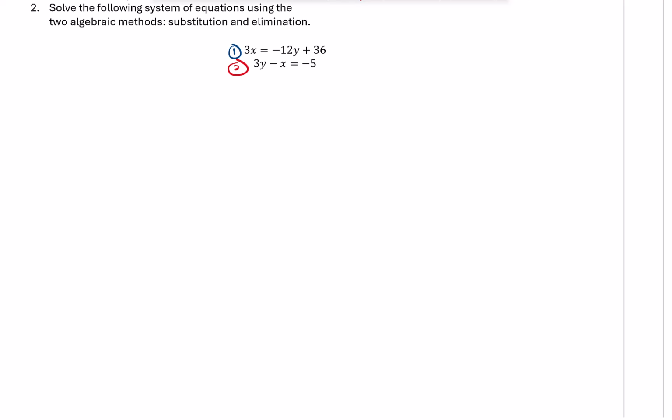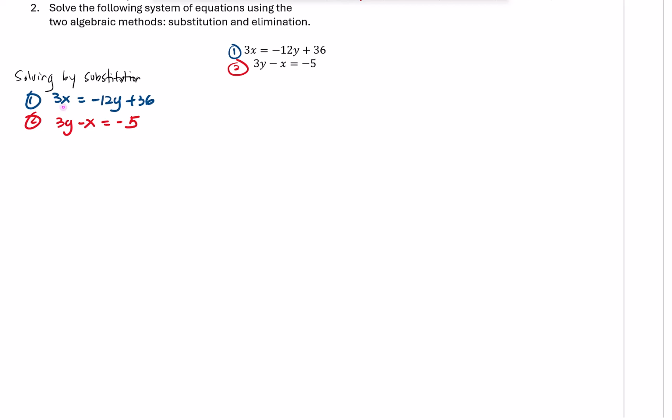Let's solve this first by substitution. So let's copy the equations. Okay, so here we have an option to solve for a variable in either of the equations.